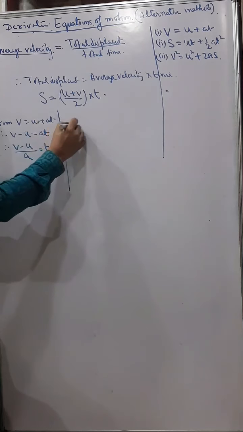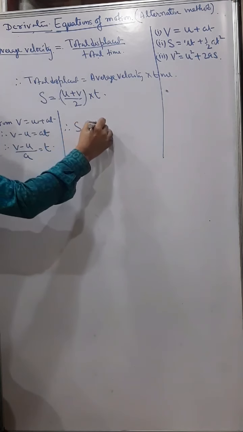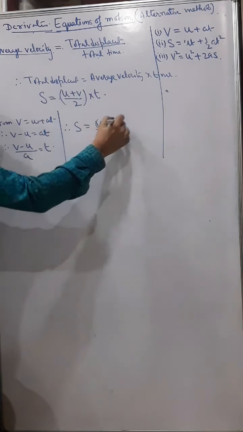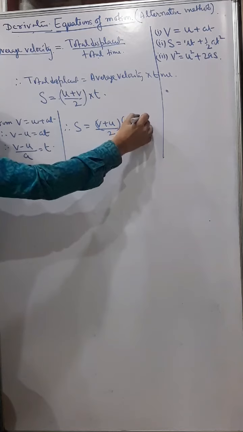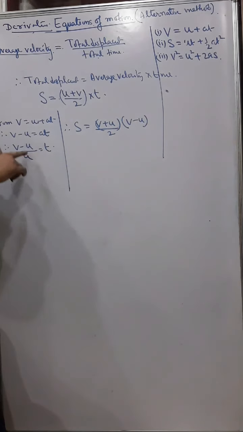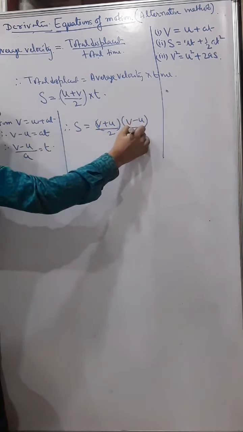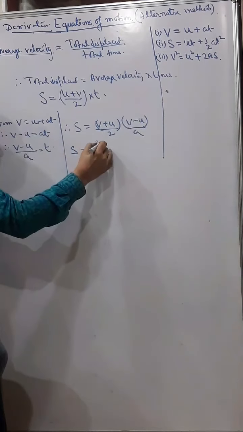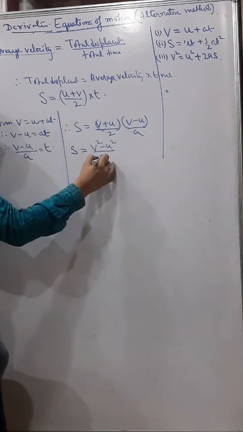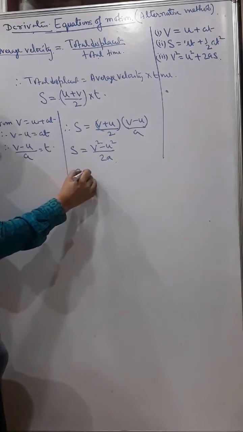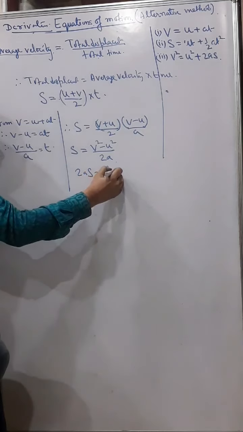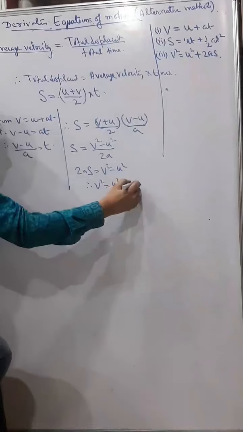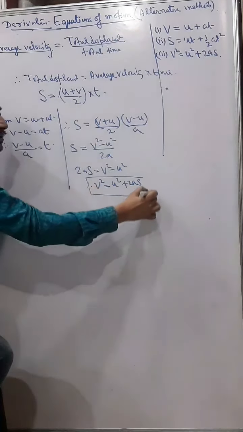So finally s equals v plus u by 2, and this is v minus u by a, and then s equals v square minus u square by 2a. So 2as, and finally we got v square equals u square plus 2as. So this is the third equation of motion.